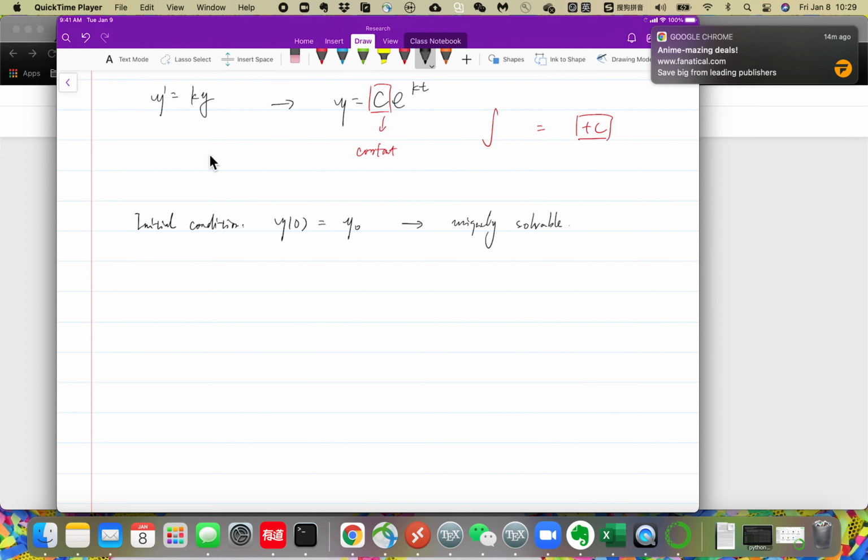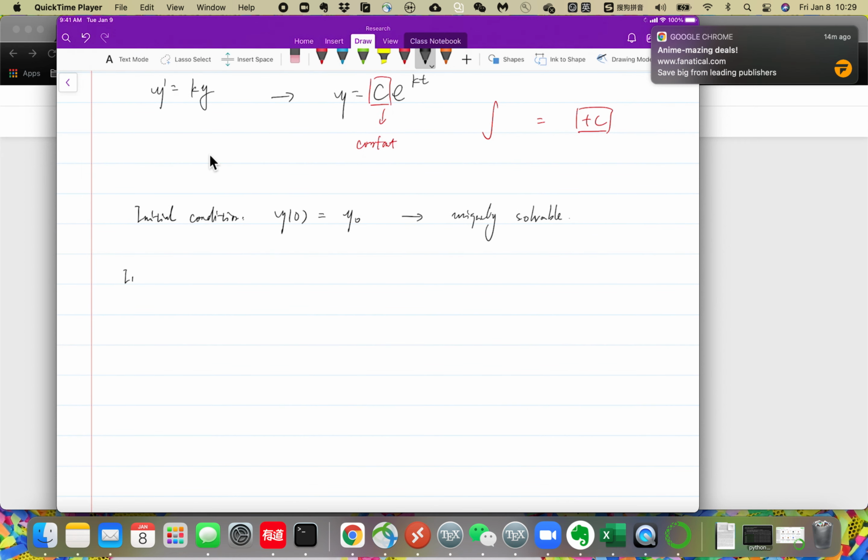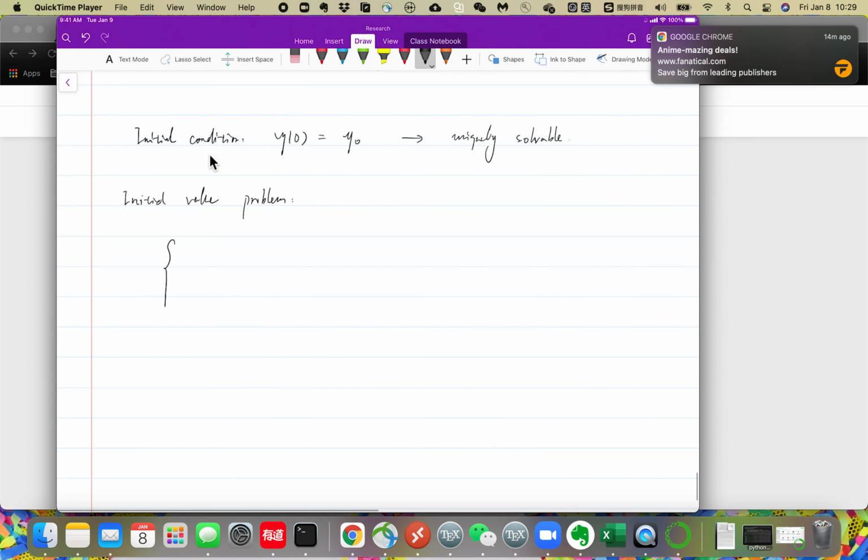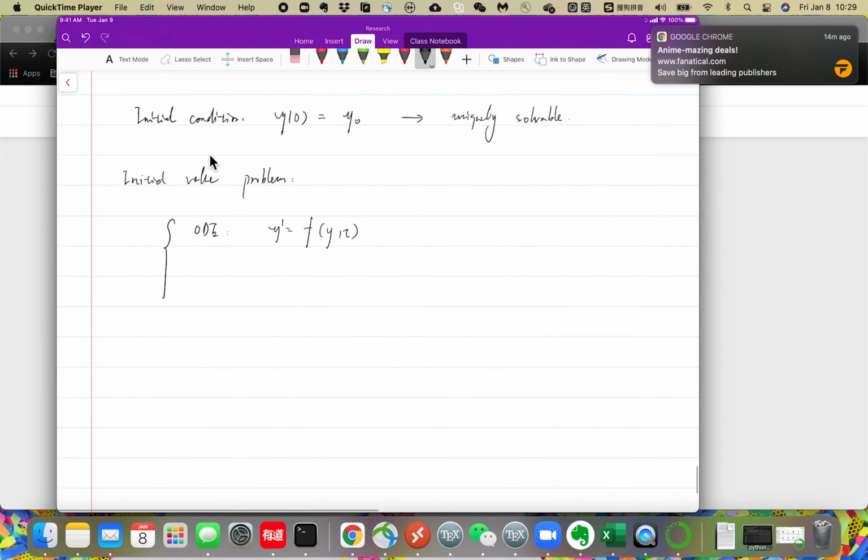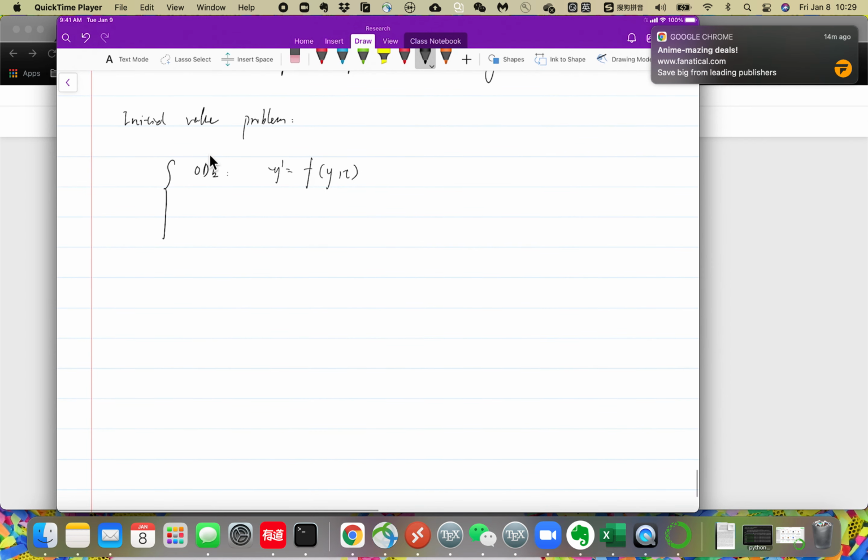So an initial value problem has two parts. The first part is going to be a differential equation, let's just call it ODE, something that looks like this, for first order, of course. And then it's not enough because your answer is not unique.